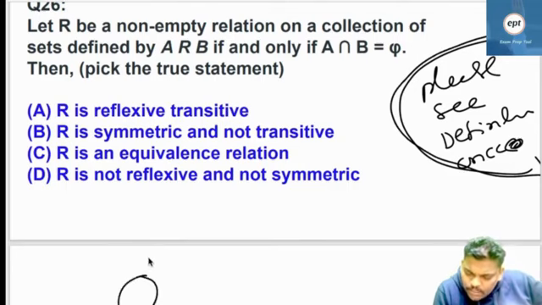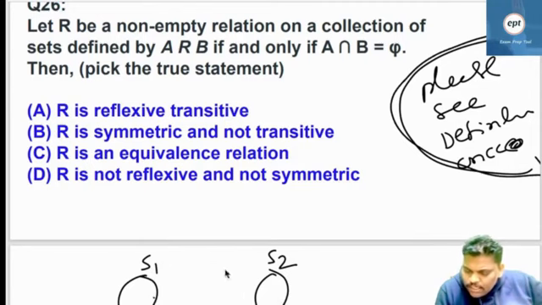It is the set S1. It is the set S2. A relation from S1 to S2 is there. Listen, if the S1 set contains A, B and the S2 set contains C, D, and the intersection is empty set, then there is a relation.